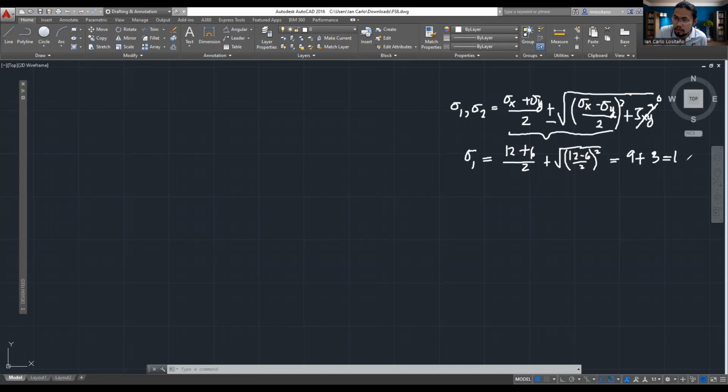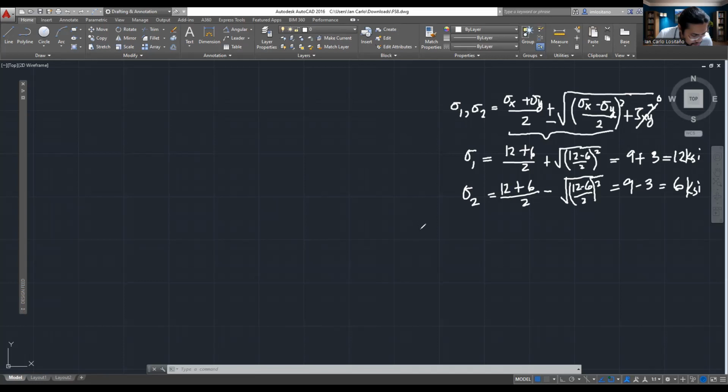So you get 12 KSI. While your second stress is 12 plus 6 over 2 minus the square root of the same equation from above, so it's 9 minus 3, and we get 6 KSI.